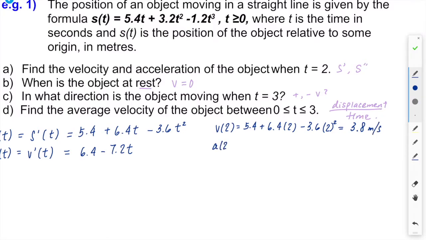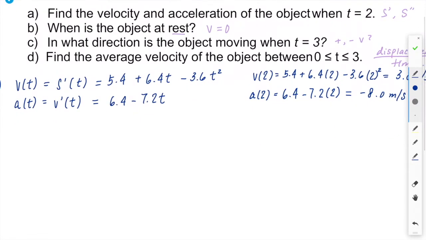And when I substitute 2 into the acceleration function, 6.4 minus 7.2 times 2, you can use a calculator for this. You get negative 8.0 meters per second squared.